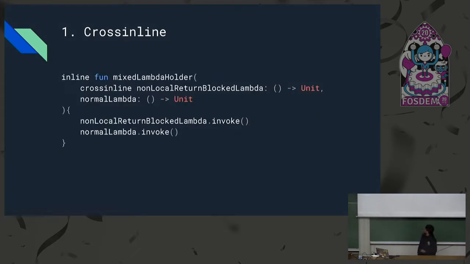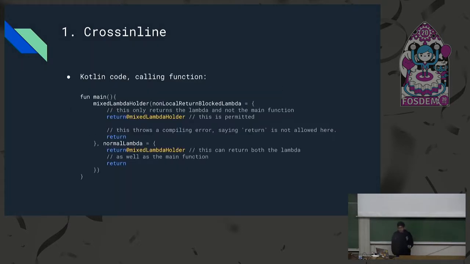Let's look at this example. Over here, the crossinline keyword is present on the non-local return lambda, and you have a normal lambda as well. This is how the call site might look. If you look carefully, the non-local lambda has two returns. One returns from the lambda itself. This operation is permitted because you're still returning locally, inside the scope of the lambda.